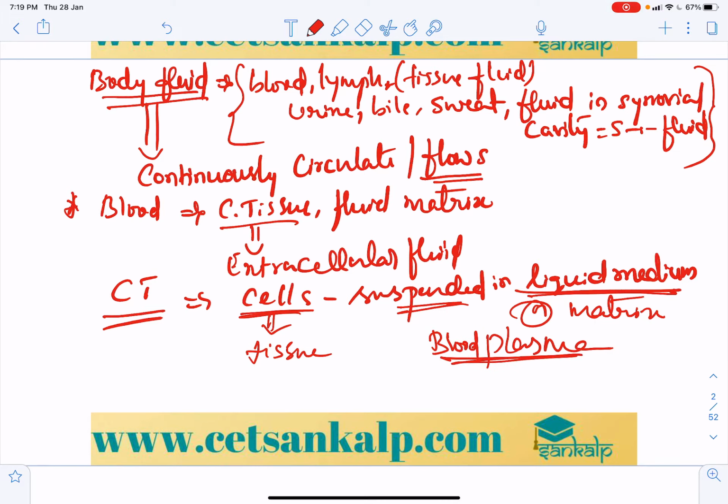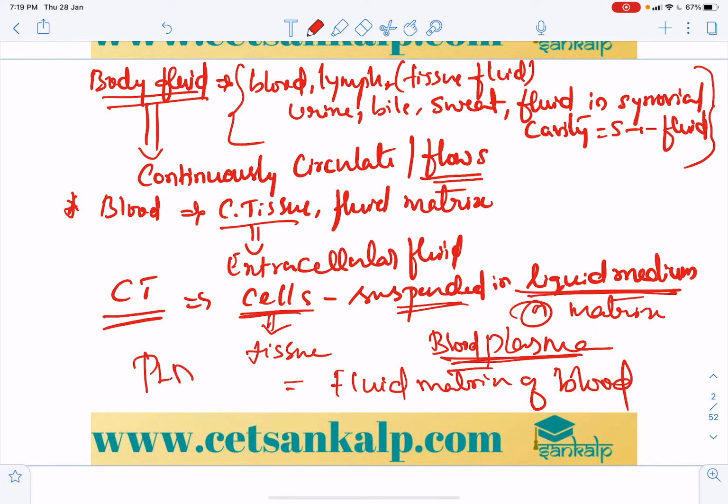In this blood plasma, these cells are present. We may get the question: what is the fluid matrix of blood? Plasma is the fluid matrix of blood.